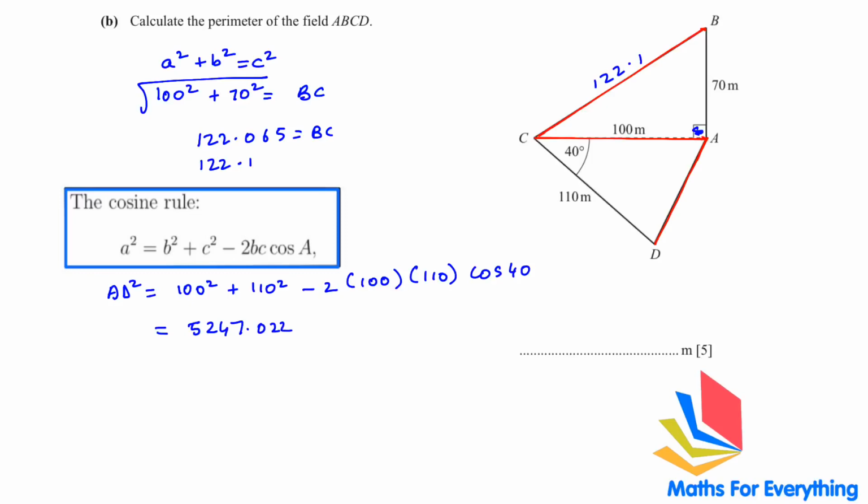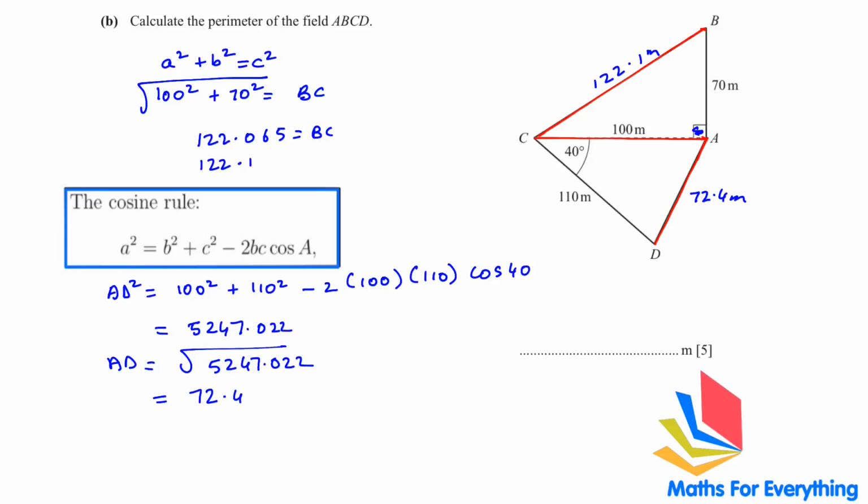5247.022. To find 80, we have to square root this, and we will get 72.4. So this is 72.4 meters. Even this is meters. Now for the perimeter, what shall we do?